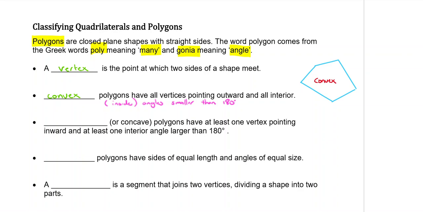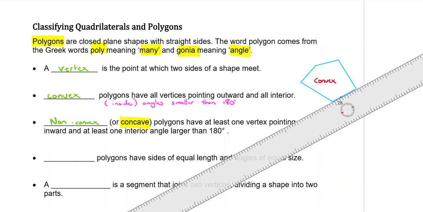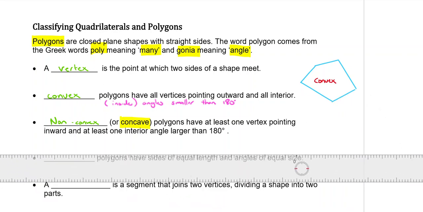However, we have non-convex, which we also call concave polygons. They have at least one vertex pointing inward and at least one interior angle that is larger than 180 degrees. So this would look like something like this.